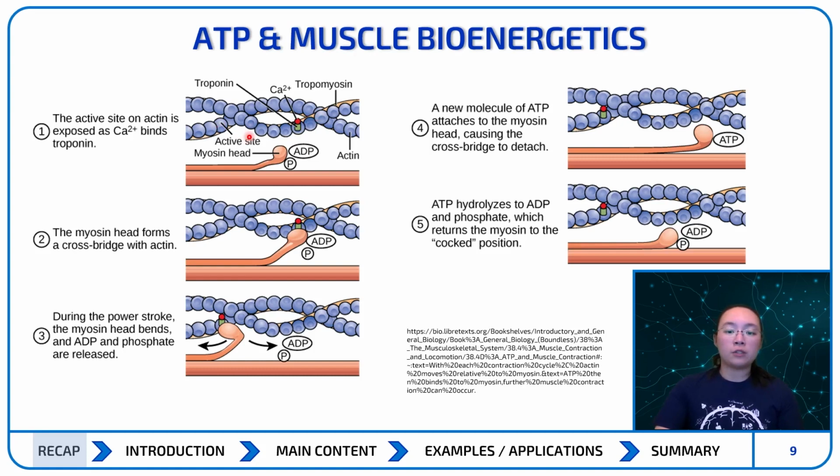As soon as the actin binding sites are uncovered, we move on to step 2. The high energy myosin head attaches to and creates a cross bridge with the actin filament at its exposed binding site. Once the myosin binds to the actin, the phosphate is released, as well as the ADP.